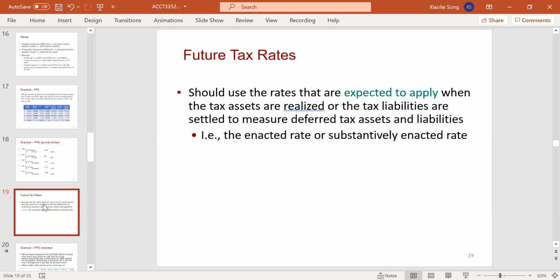In the future, this amount will be added to determine taxable income. How much tax you pay, how much tax liability you carry, depends on when that amount is added to taxable income, and you use the tax rate of that year. So that's the difference, right?